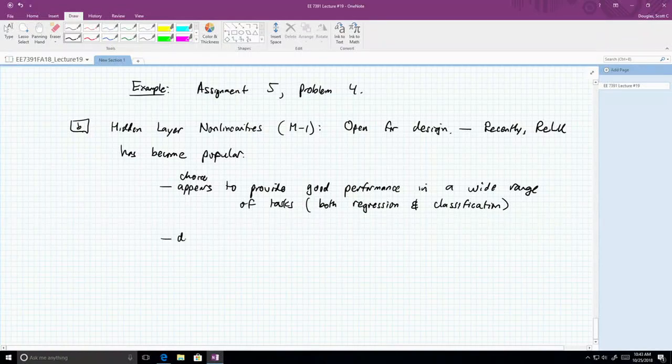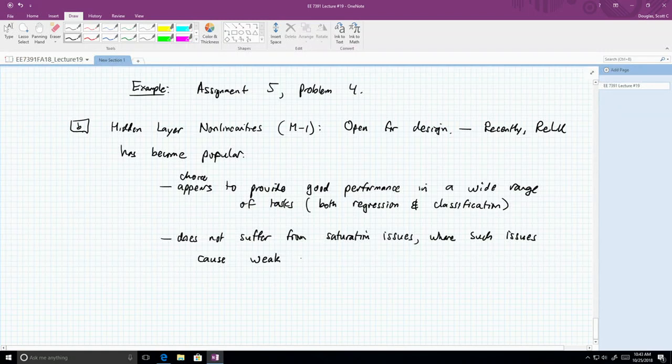And it does not suffer from saturation issues, where such issues cause a weak gradient problem or problems for large scale weights.